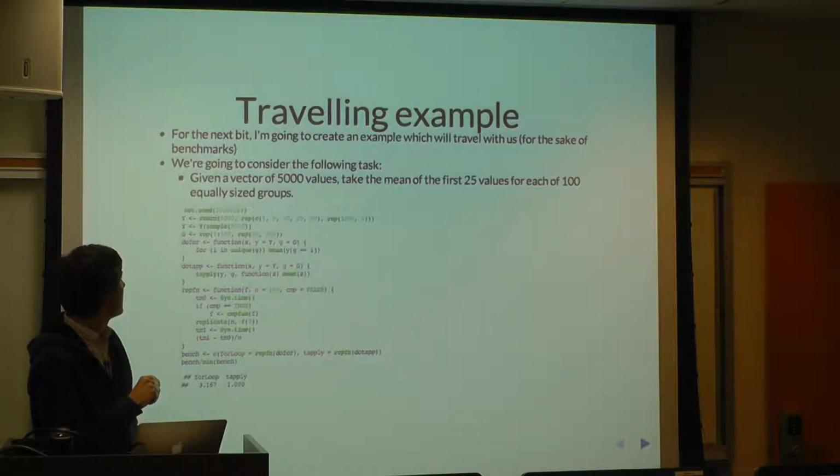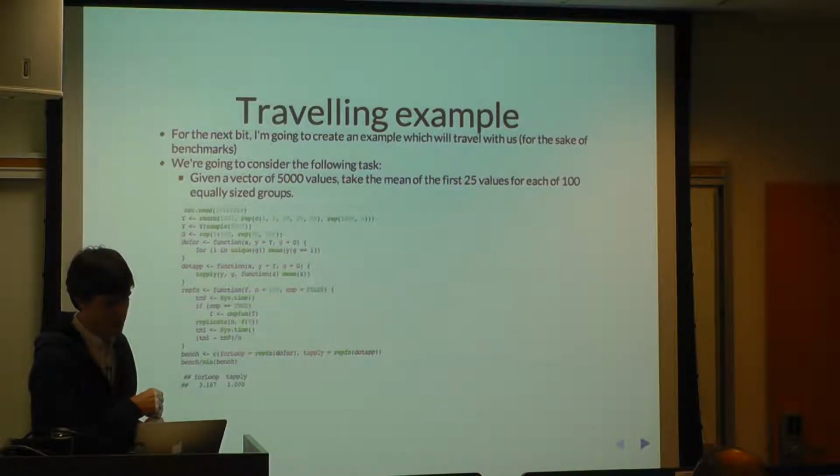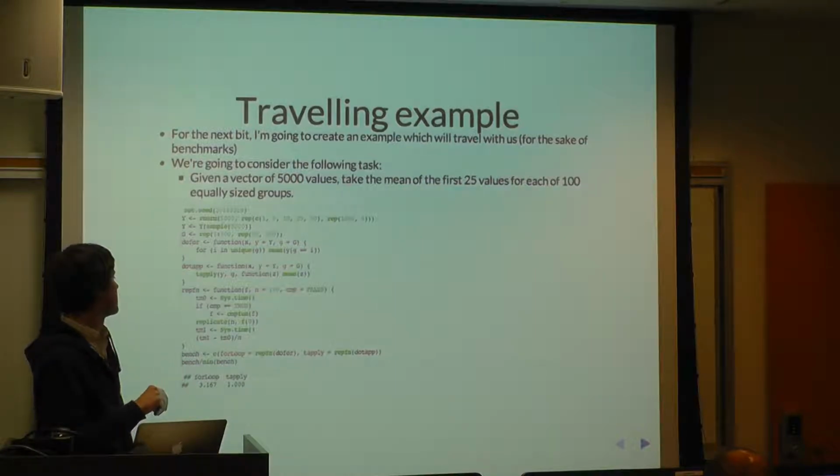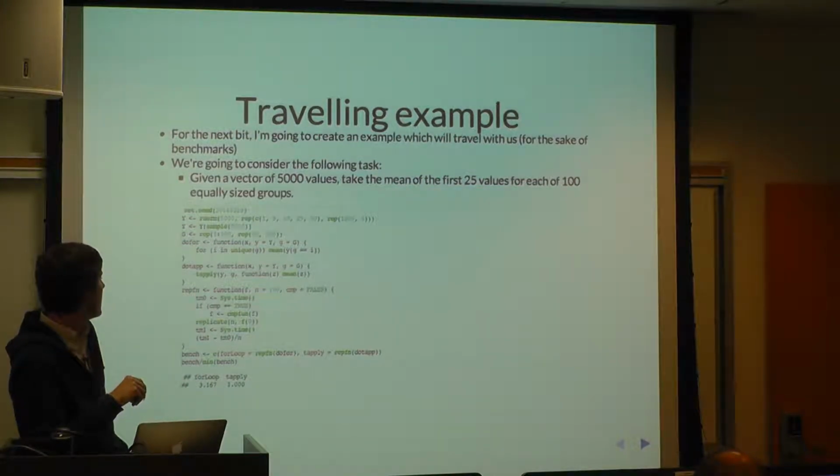One version uses a for loop to take the grouped mean, and another uses tapply, a vectorized helper function that R provides, which takes the group-specific means. Then we have a function that repeats something a number of times so we get a more accurate feel for its speed. By default, we repeat something 100 times.